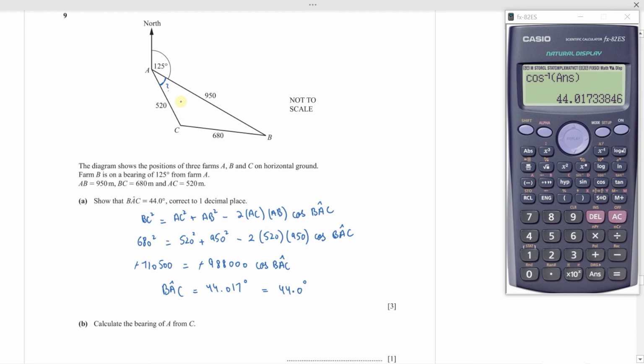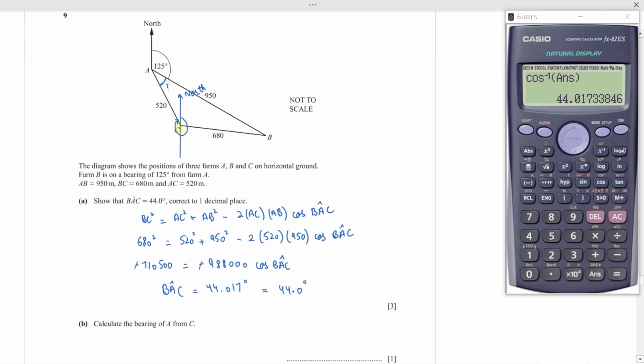So if I draw a line which represents the north of C. So let me draw this line here. And let me actually extend it further down as well. So this is the north of C. So now the bearing of A from C will be this full angle.